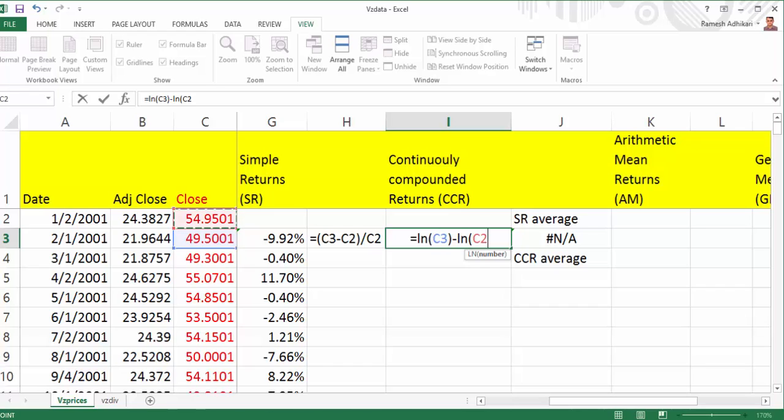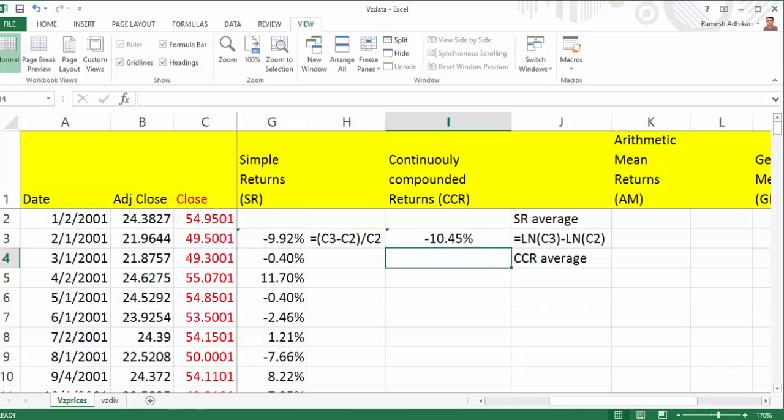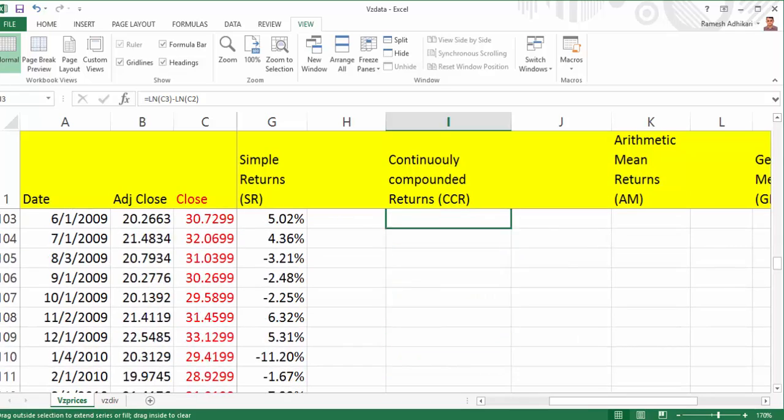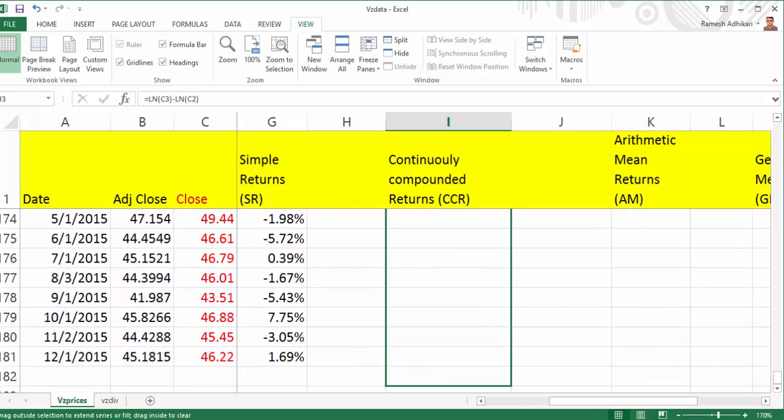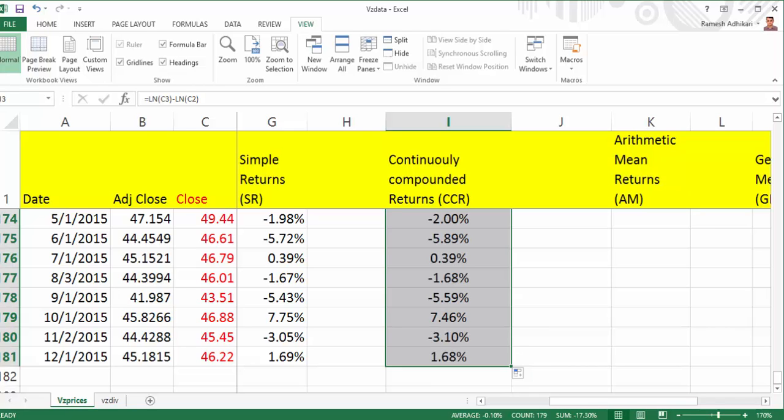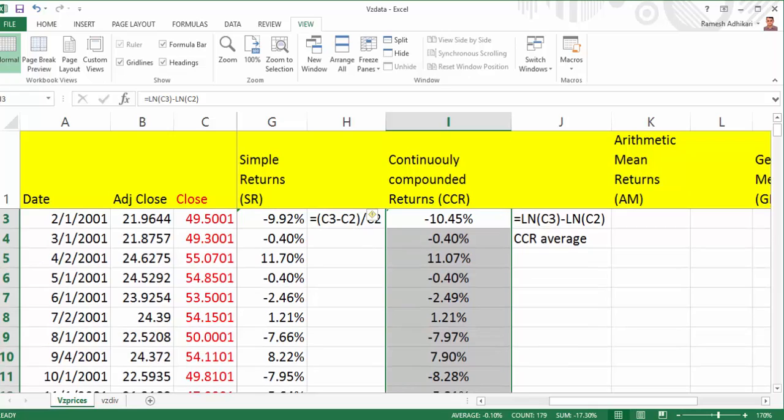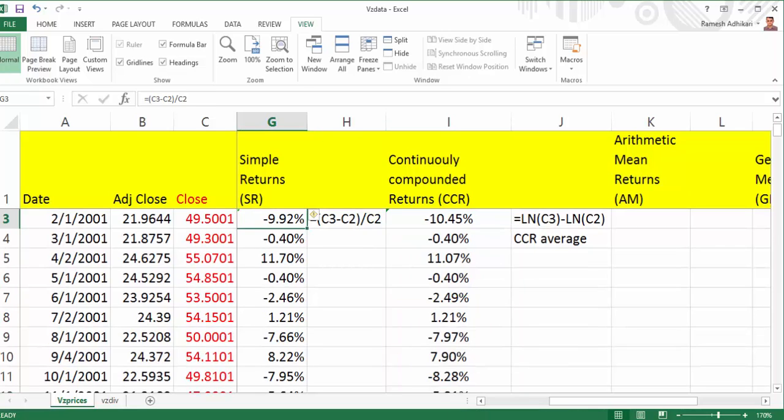That's all you do, and you get the continuously compounded return for the first period. For the remaining periods, you grab the handle square box and drag it to the bottom, and it gives us the continuously compounded return. One thing you, as a student of introductory finance, should notice is that they are not the same.